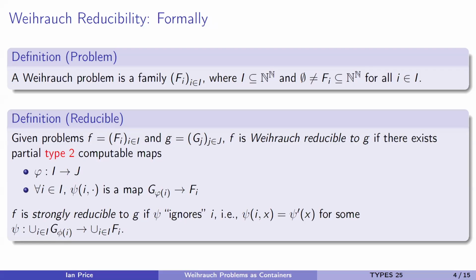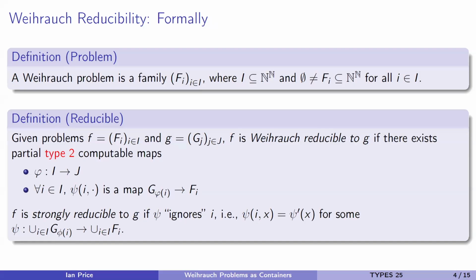So you have a map going one direction from domains to domains, and a family of maps going in the opposite direction from solutions to solutions. We'll see if I can talk about strongly reducible at some point, but that's basically where you ignore your initial argument and only work with the oracle call directly.